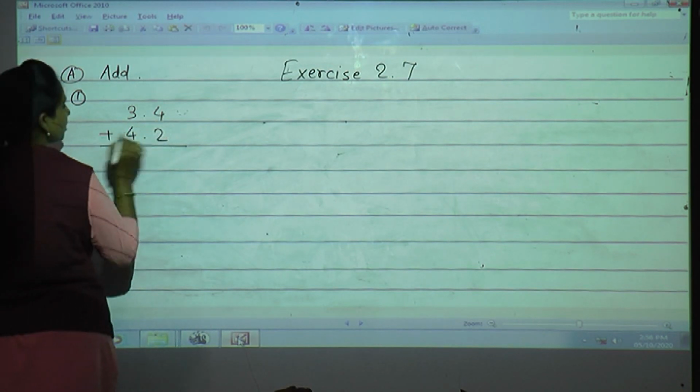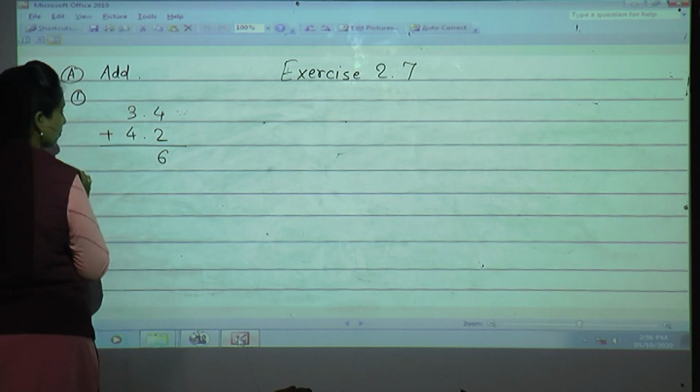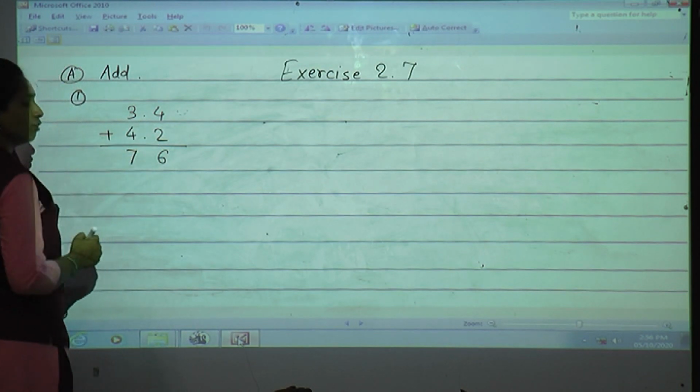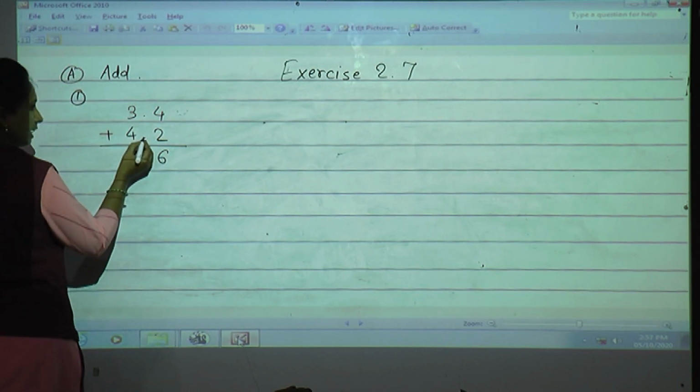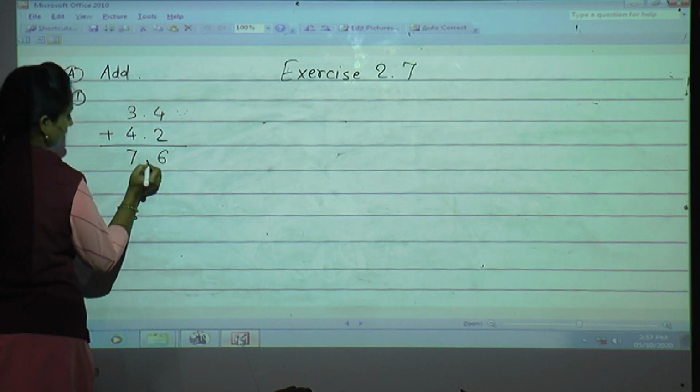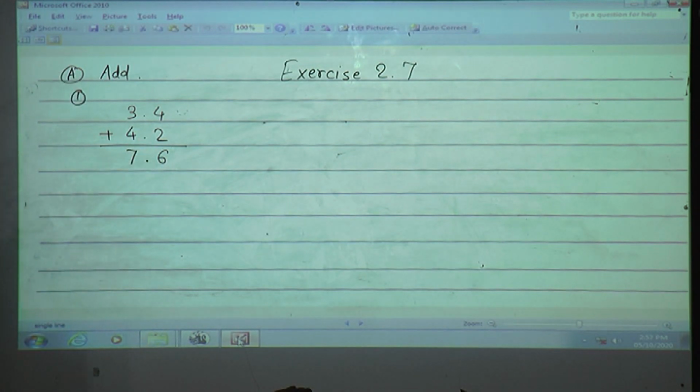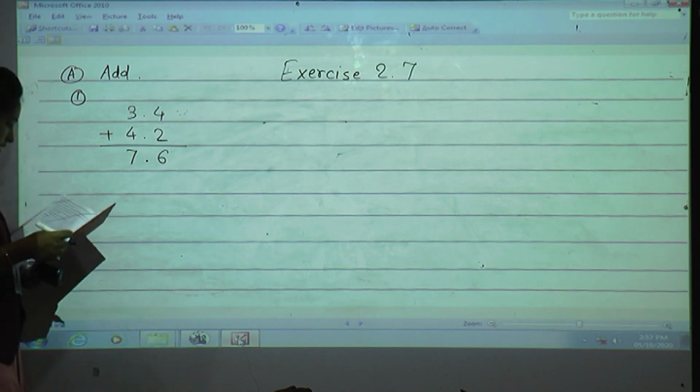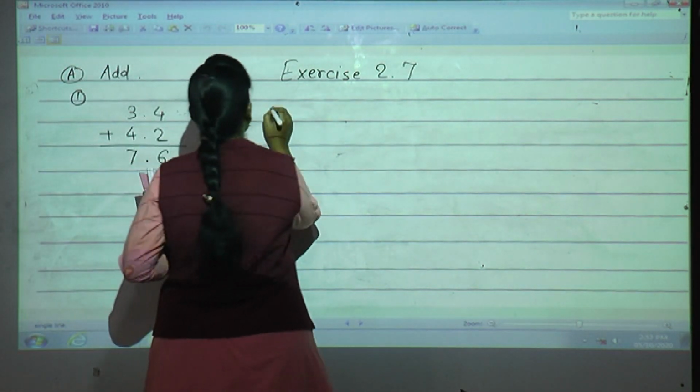Now add: 4 plus 2 is 6, 3 plus 4 is 7. So where will you give the decimal point? Exactly here only, below the same.